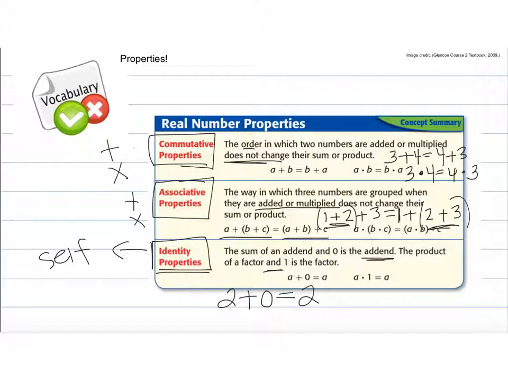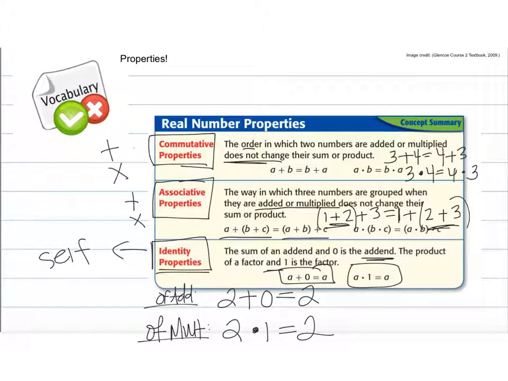That's the identity property of addition, that adding 0, as we know, does nothing to the number. The identity property of multiplication means that I take a number, I can multiply it by 1, and it also stays the same. So adding 0, multiplying times 1, the number will stay the same.